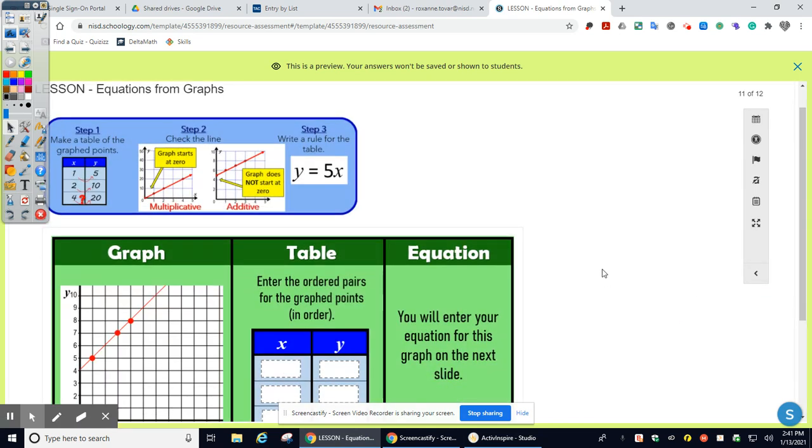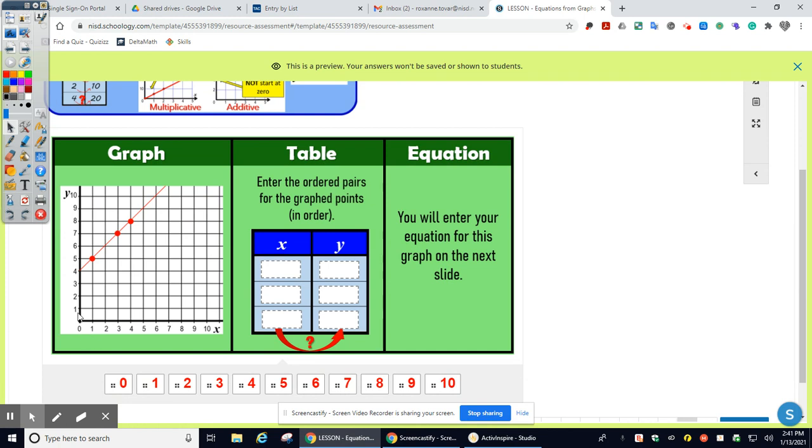All right, last one we're going to do. And we can clearly see this is additive because it is not hitting that origin. Okay, so here when x is 1, y is 5. So we're going to put 1, 5 in the table. Okay, follow the next dot, when x is 3, y is 7.